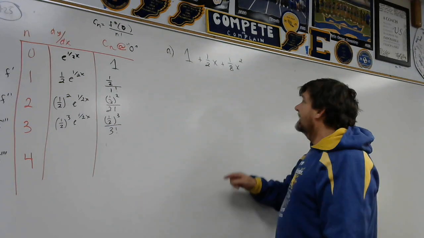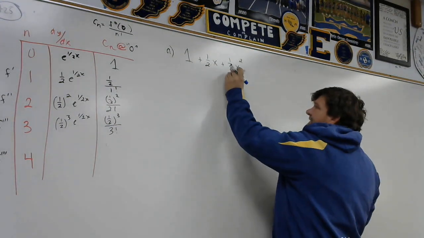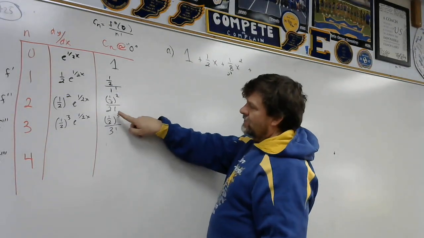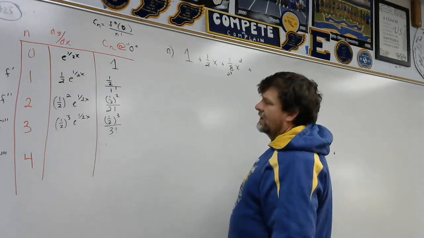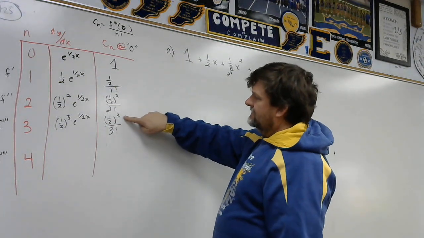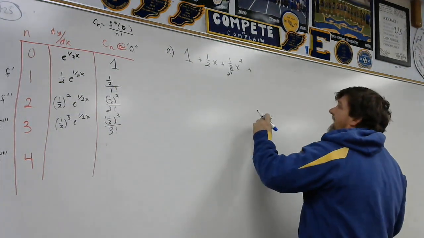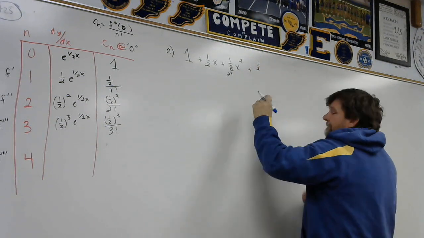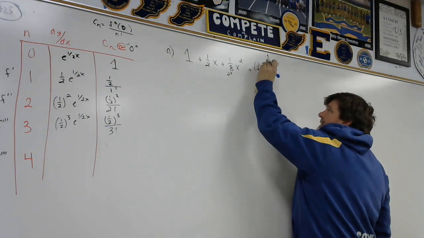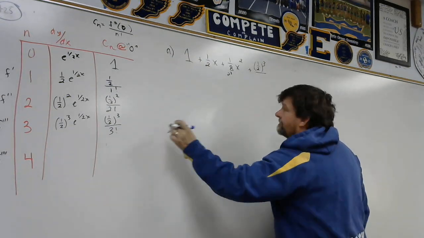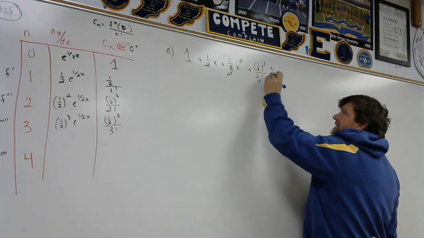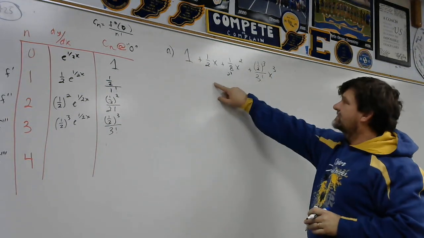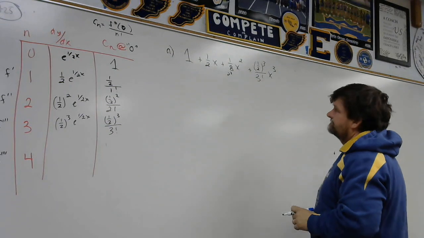As we work through that, we can find out that this is going to become 2 cubed. Let's go one more so we can finish it. Let's write it this way: 1/2 cubed over 3 factorial, and we're going to be x to the 3rd. I probably should have done that. So there's our first 3 terms.